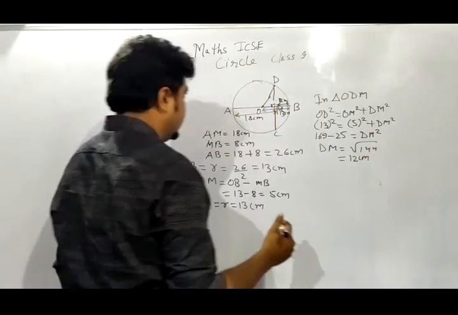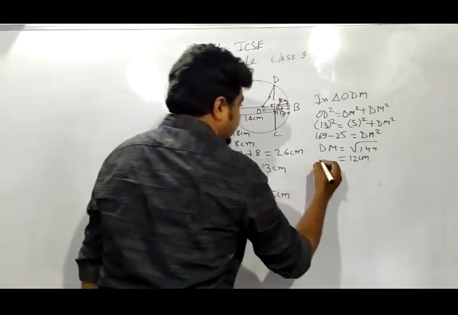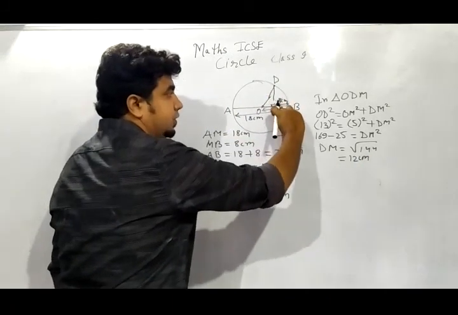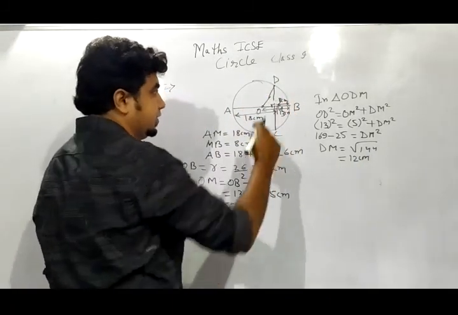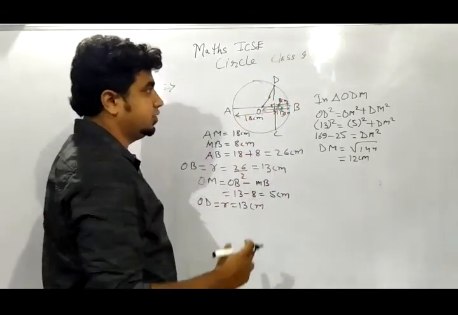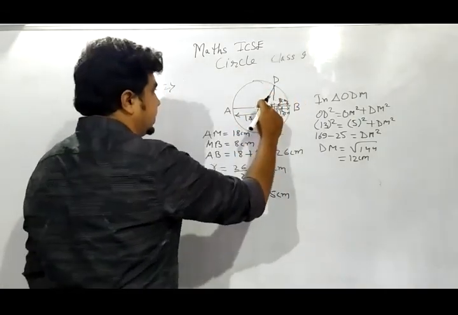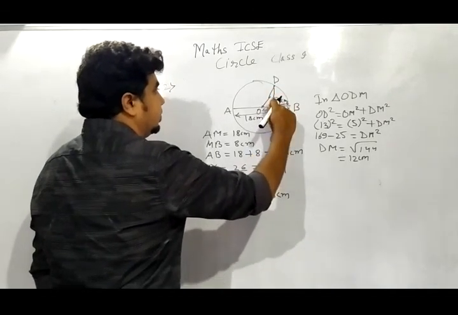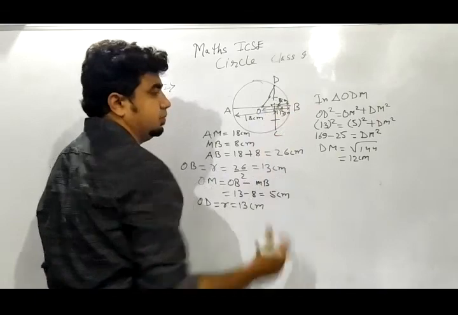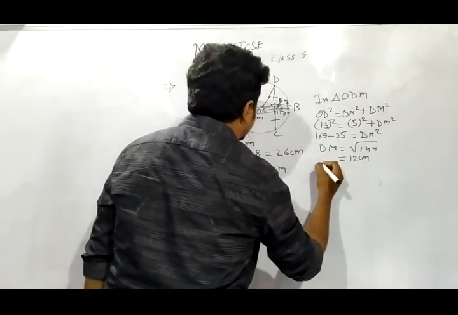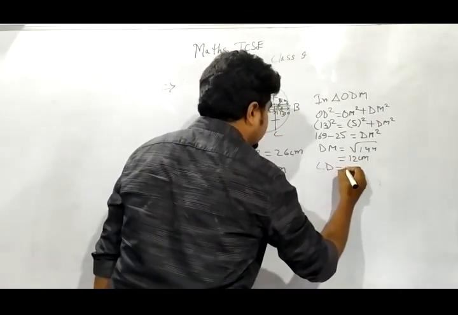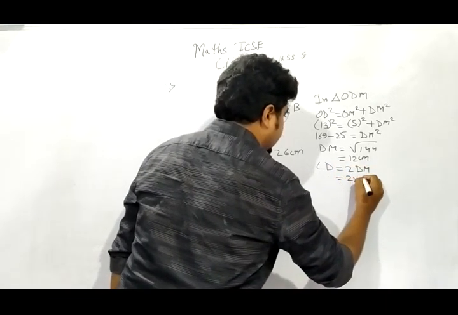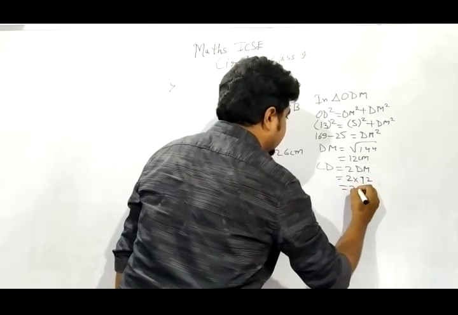This part is 12 centimeter, so this will also be 12 centimeter, because the line is bisecting the chord into two equal halves. DM will be equal to CM. So CD will be equal to twice of DM, because CD is the length of the chord, 2 into 12, which is coming out to be 24 centimeter.